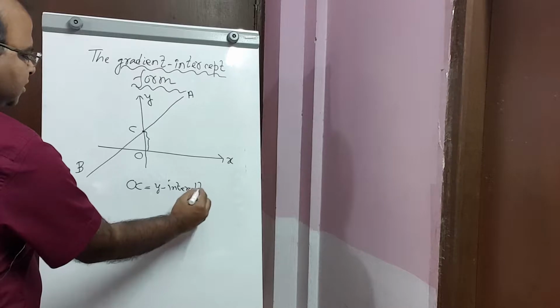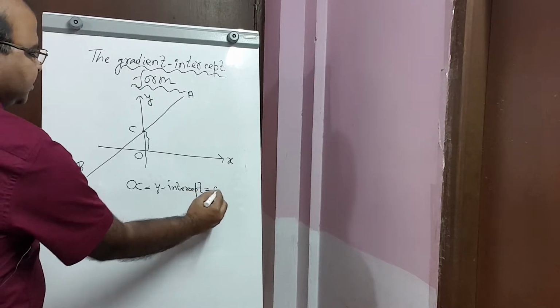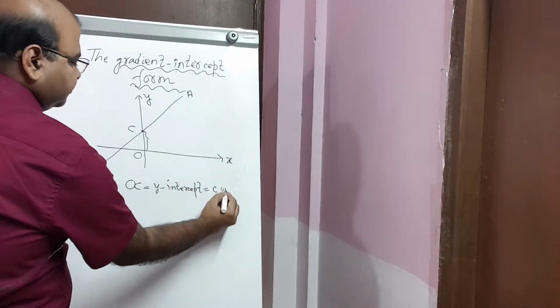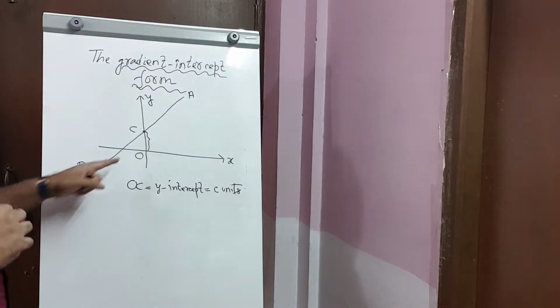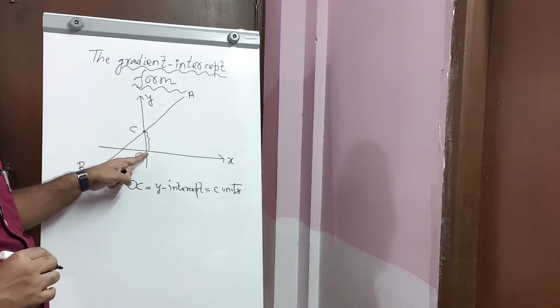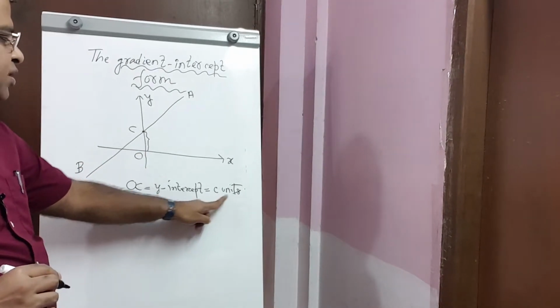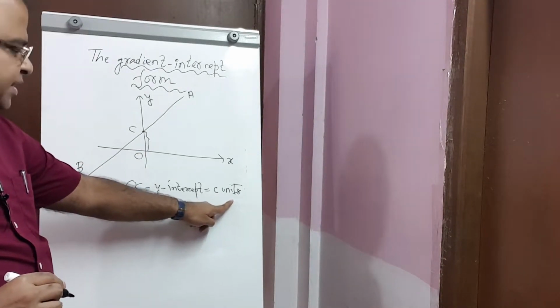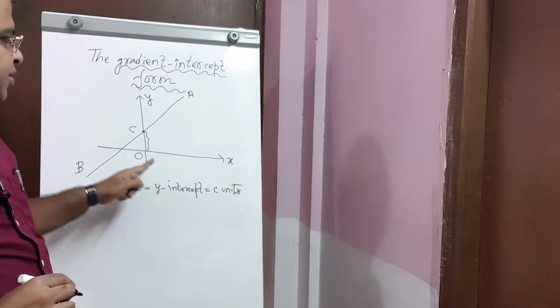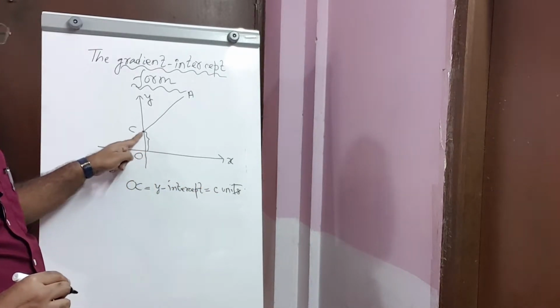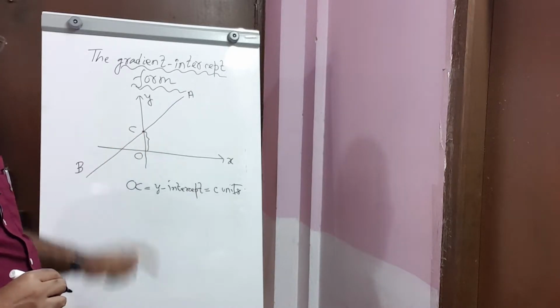And let us consider this length to be small c units. So here we consider that the y-intercept of the line is known to be a constant small c units. And in this case, the sign convention associated with c will be positive because the line intersects y-axis in the positive direction, that is above origin.